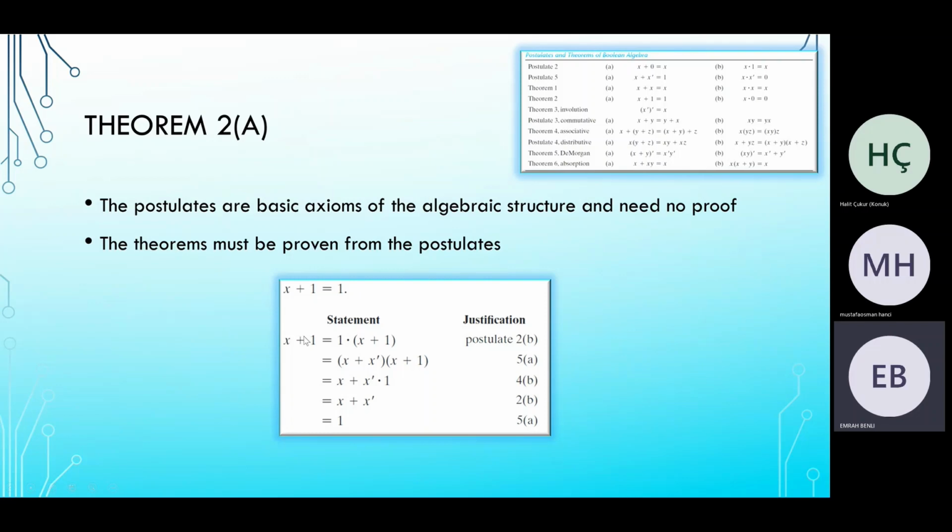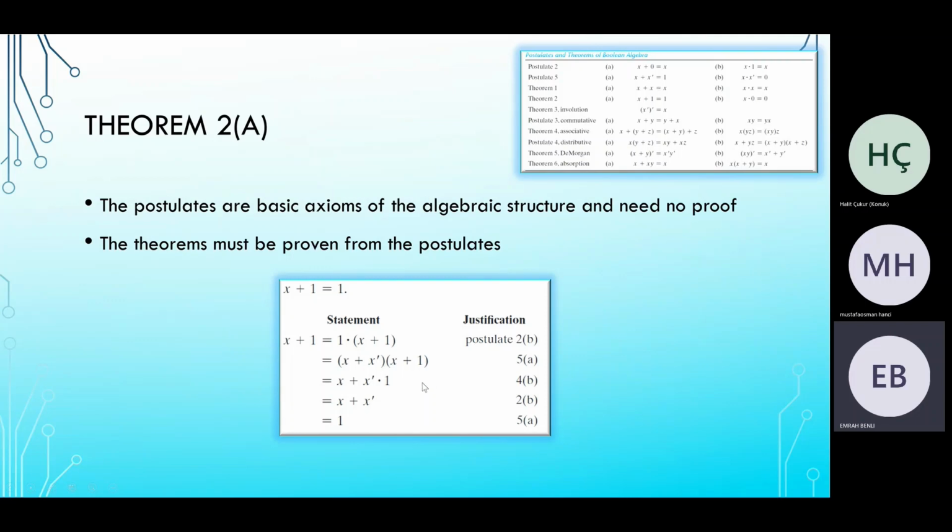So what we are doing, we are using postulate 2b again. 2b, x and 1 is x. So this is x and 1, still the same, didn't change anything. Now use 5a. Instead of 1, we write this in this form, x or x prime, which is still 1.